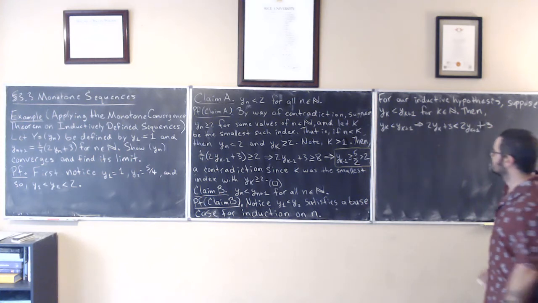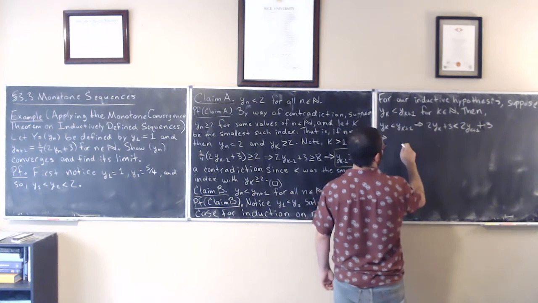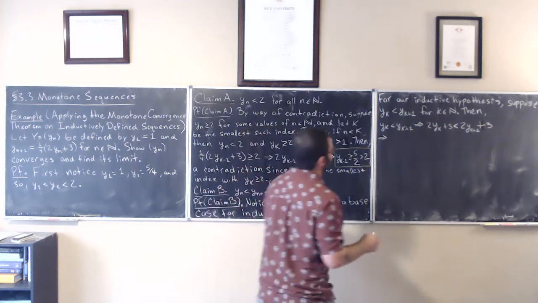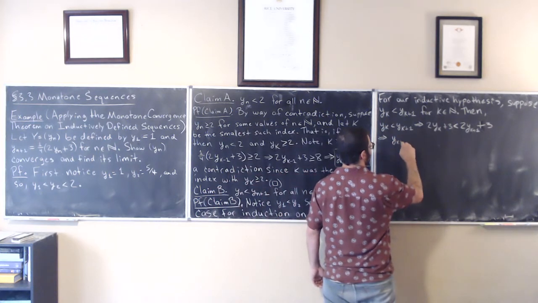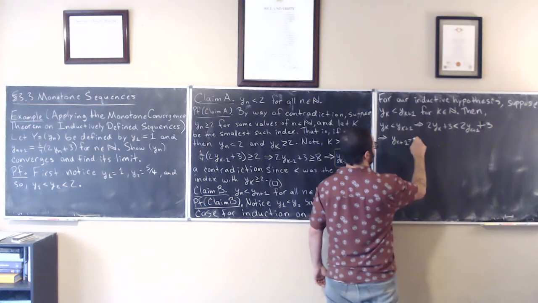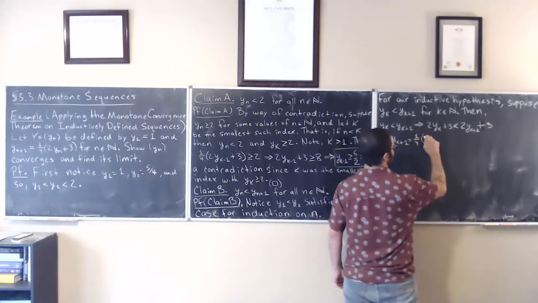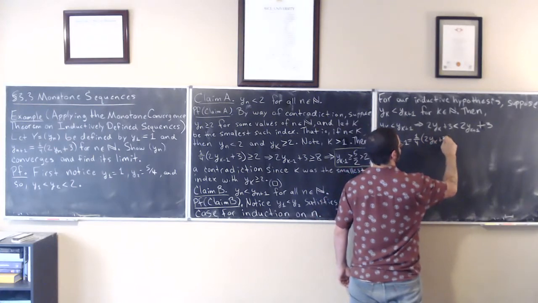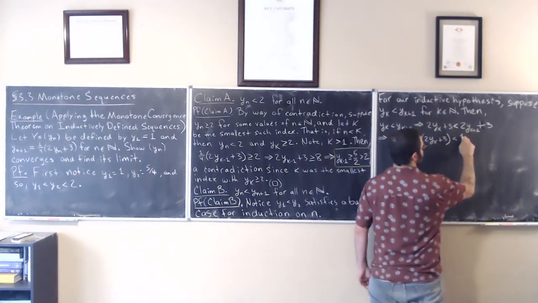Which in turn implies that if we take a fourth of both sides, we get that y of k plus 1 equals 1/4 of the left side is less than 1/4 of the right side.